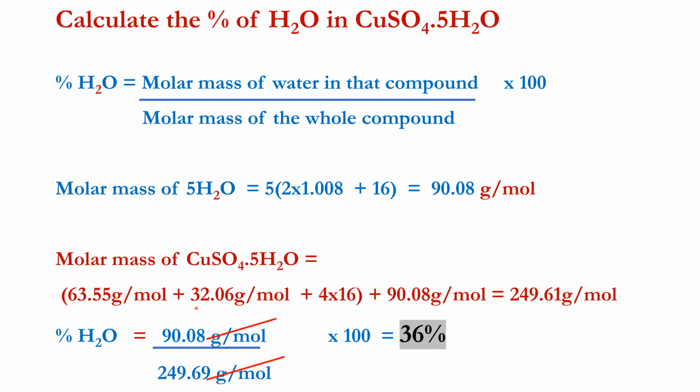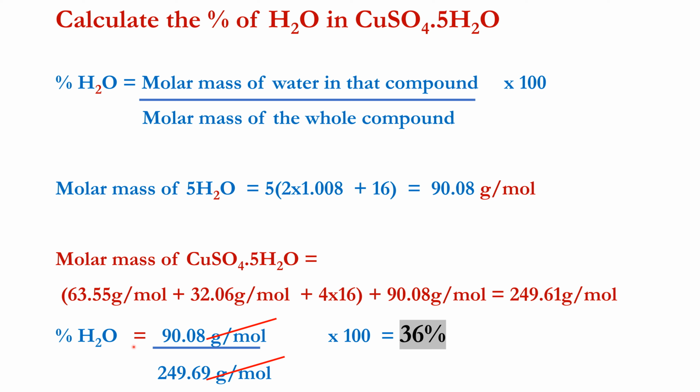So if you add all these up, you will get that the molar mass of the whole compound, copper sulfate pentahydrate, is equal to 249.61 gram per mole.